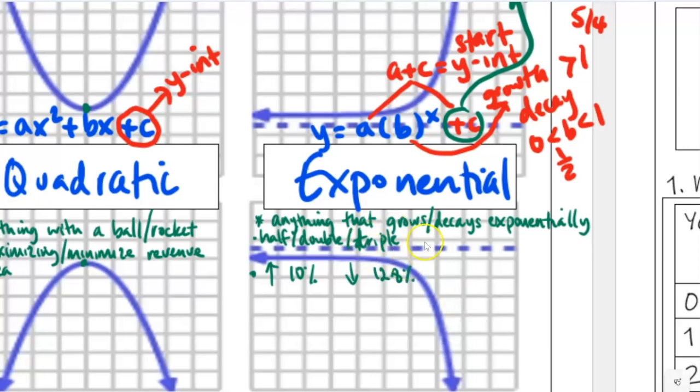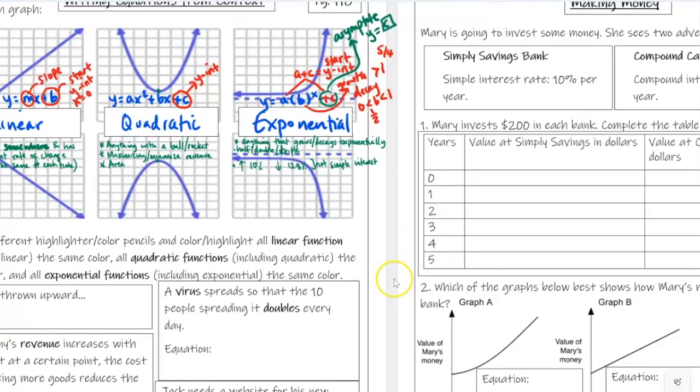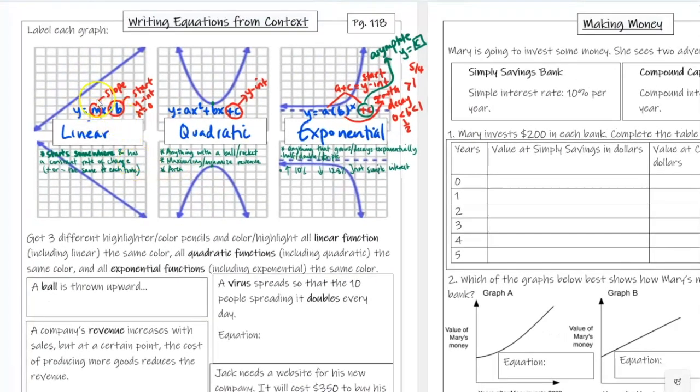Again, anything with percent really in it, because remember, we do the percent divided by 100, then you're going to do 1 plus for growth or 1 minus for decay. So anything like that, just make sure that it's not simple interest, because if it says it's simple interest, then it becomes linear.